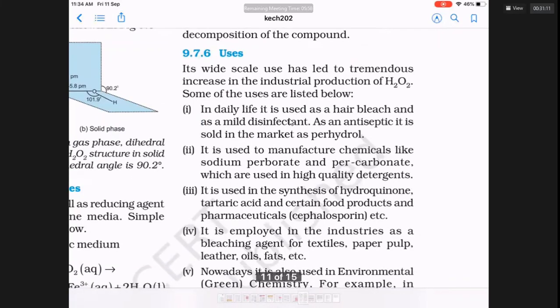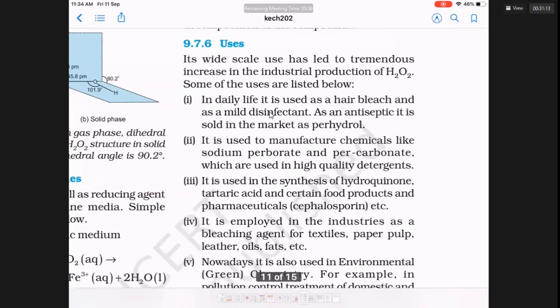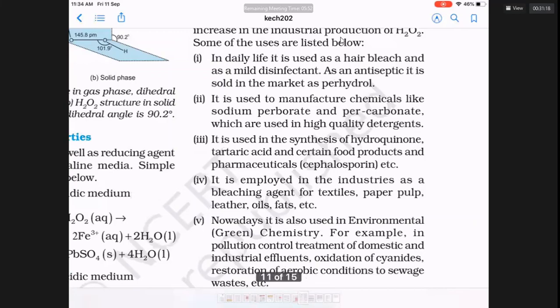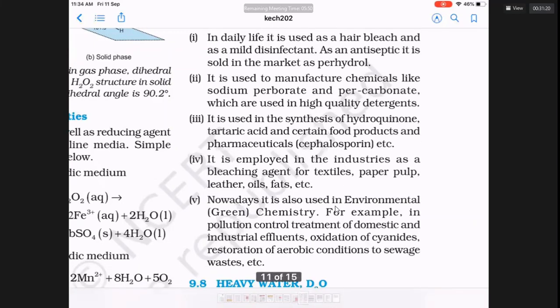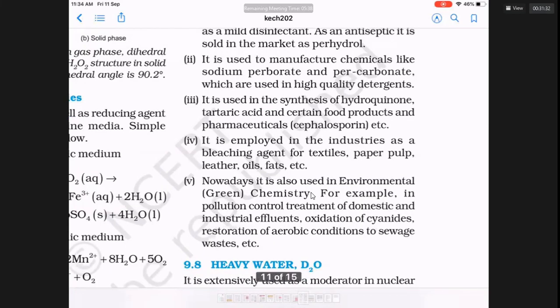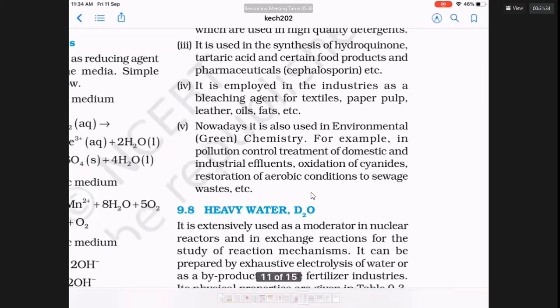It is used in the manufacture of perborates, which are used in making detergents. Hydroquinone and tartaric acid, which are used in medicines, can be made from H2O2. It's a bleaching agent for textiles, papers. In environmental chemistry, H2O2 is used in pollution treatment.